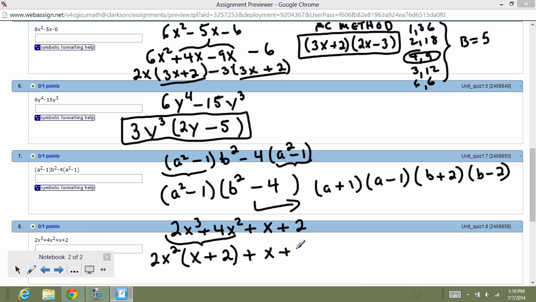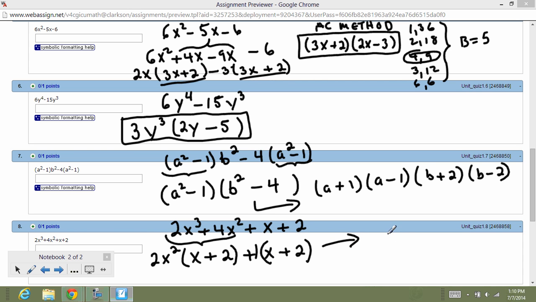Well, again, talking about structure, what we want you to see is that this x plus 2 right here, you can think of that as a quantity times a 1. So we have 2x squared times x plus 2 plus 1 times x plus 2.